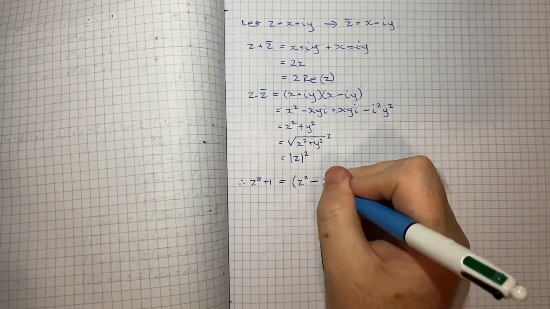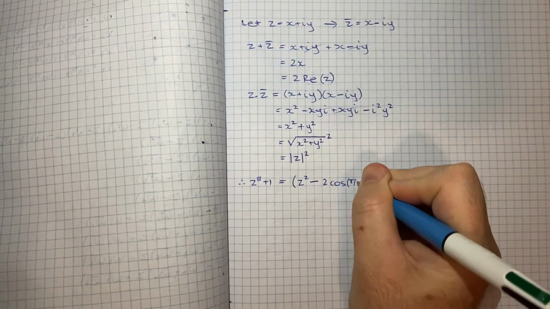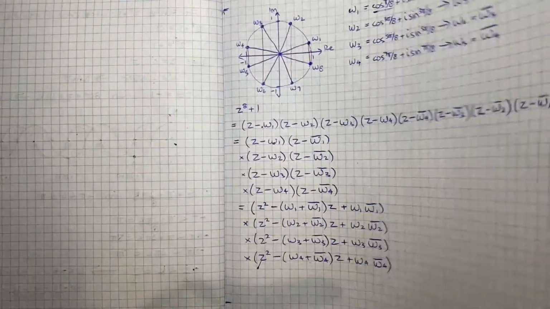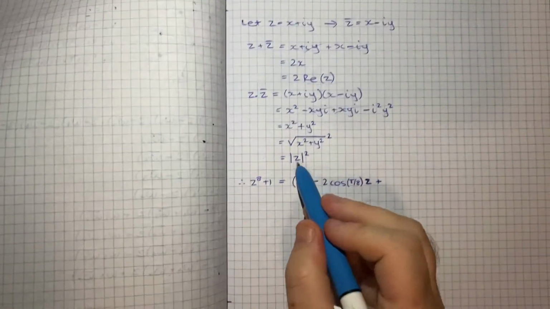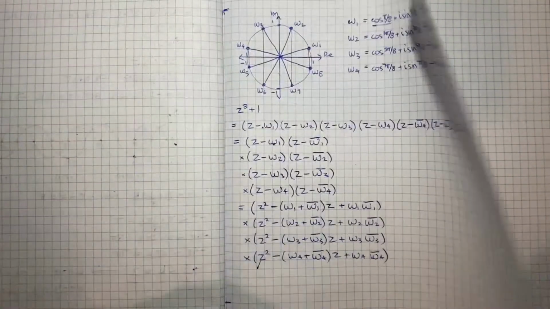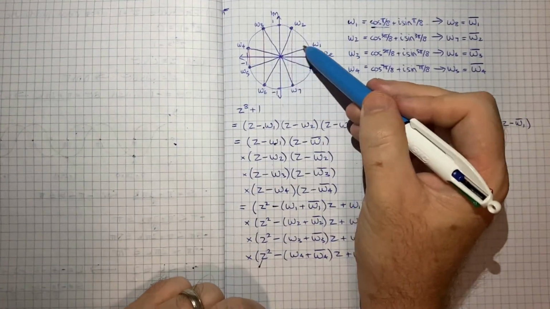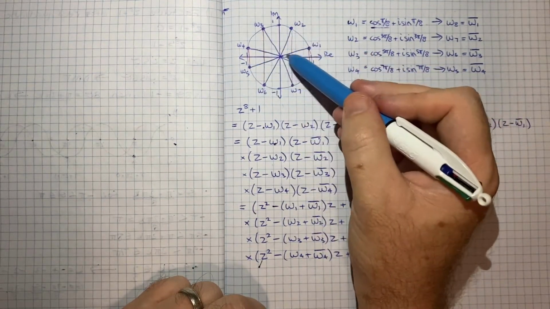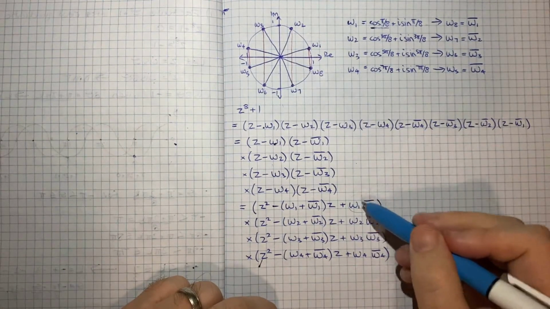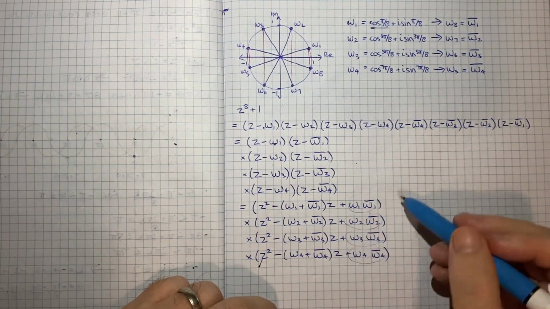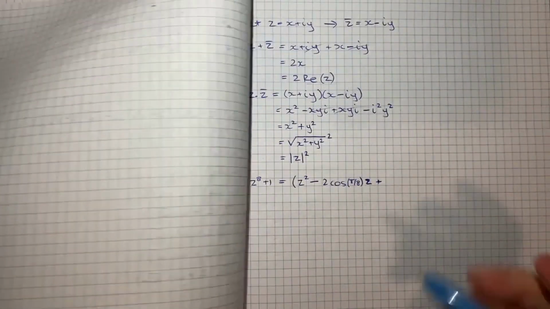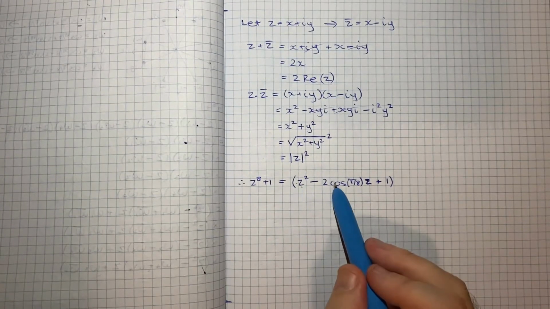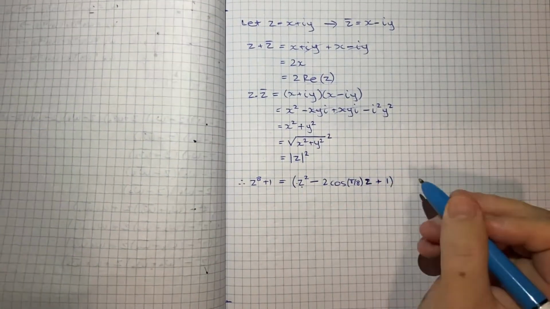So minus 2 times cos pi on 8 times z, and then finally we add the modulus of omega 1. Now notice that all of our roots all lie on the unit circle, so all of them have a modulus of 1. So all of these are simply going to be the number 1. So that's a good sign because 1 is a real number. So here we've got a quadratic and all of the coefficients are real. So that's a good sign.